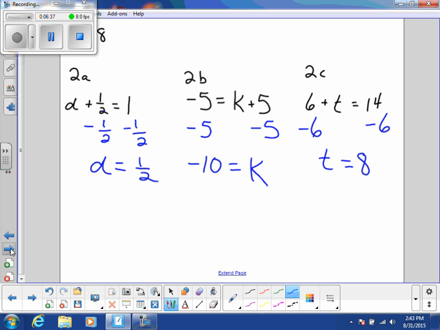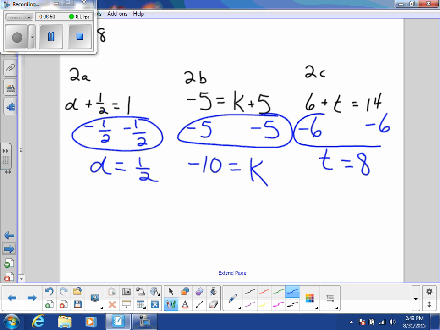This line right here shows what the student is bringing into the equation. What decision did you make? I subtracted 1/2. I subtracted 5. I subtracted 6. The last step should be a complete equation with your variable on one side and the number that the variable is equal to on the other.